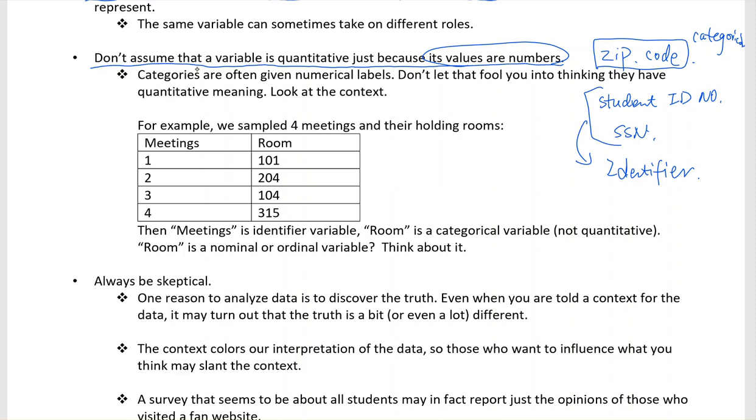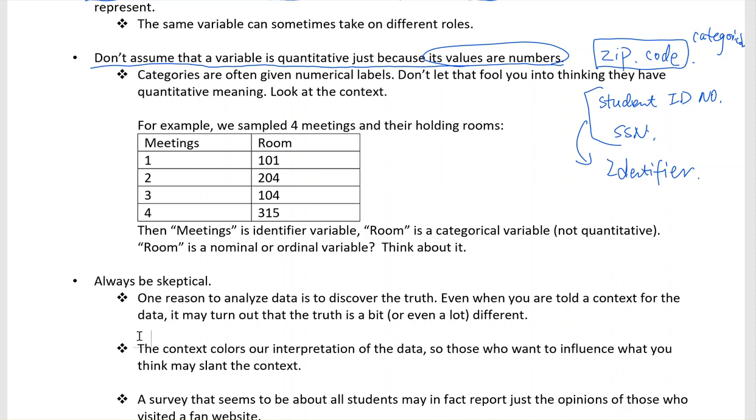Categories are often given numerical labels. Do not let that fool you into thinking that they have quantitative meaning. Please look at the context. You need to look at the numbers to check whether they have units, whether they are measurements of some variables.